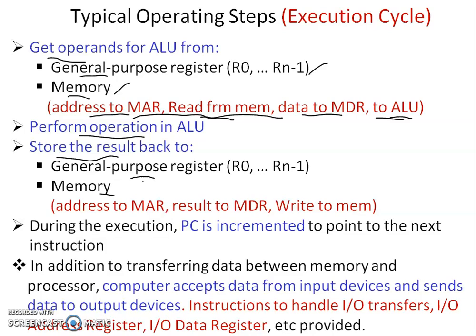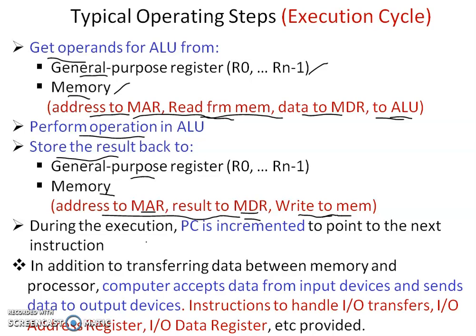If it needs to be stored to the memory, again these steps will be initiated: address to the MAR, result to MDR, and then write to the memory. So address to MAR, and the value that needs to be written to the memory will be placed in the MDR, and the control unit will initiate a write signal.